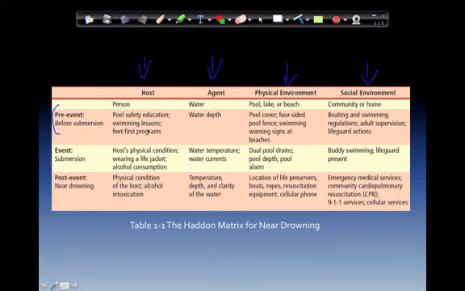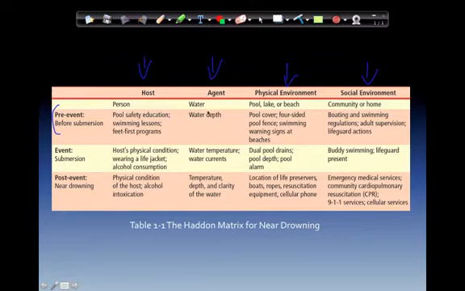Pool safety education would be the way to maneuver the person into a more enlightened viewpoint. In the event, like submersion, there is host physical condition, wearing a life jacket, alcohol consumption. Post-event, near drowning, the physical condition of the host and alcohol intoxication, comorbid factors on that.